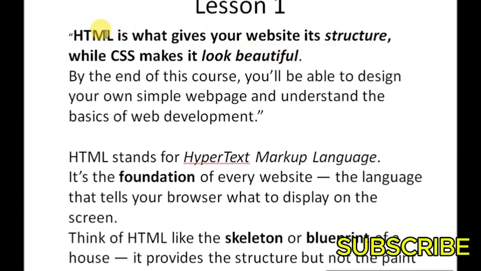HTML is hypertext markup language, which is responsible for building the skeleton or structure of your website, and CSS is there to make it look beautiful by adding styles, colors, even some responsiveness as well. By the end of this course, you will be able to design your own simple web page and understand the basics of web development.